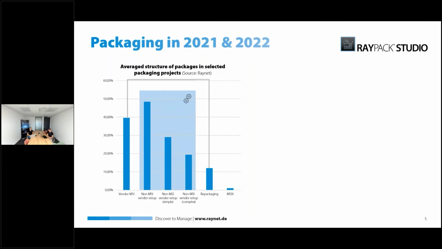As you can see, most of the setups that our colleagues reported doing were non-MSI setups coming from the vendor, almost 50% of them. We then asked them, but what do you normally do? If there is an EXE to be started, obviously an EXE doesn't offer that many customization options.